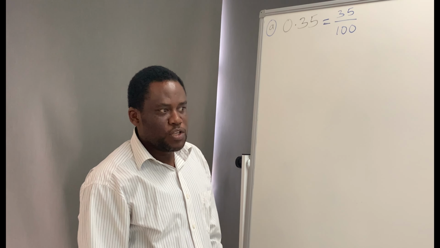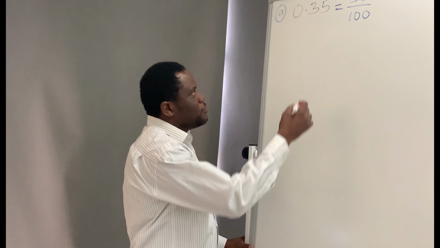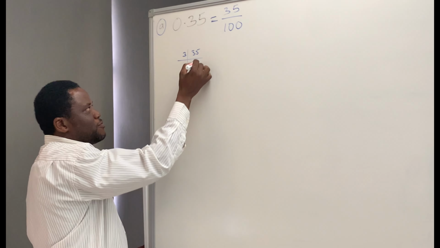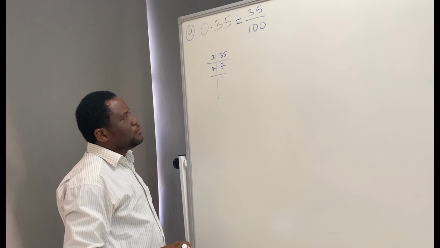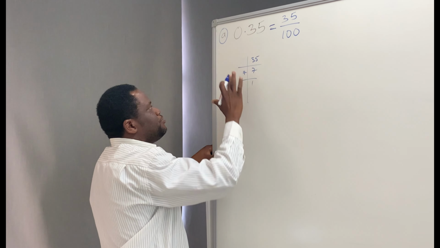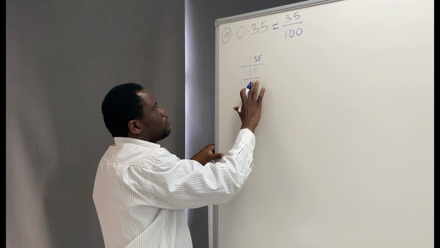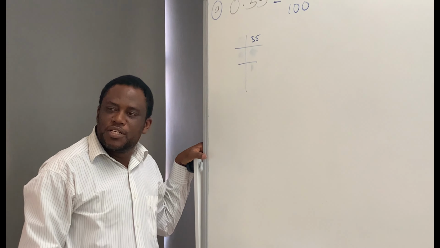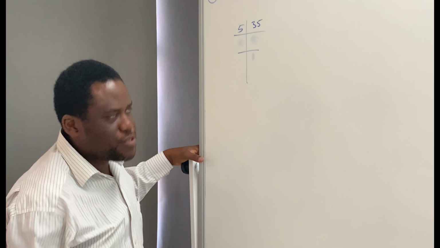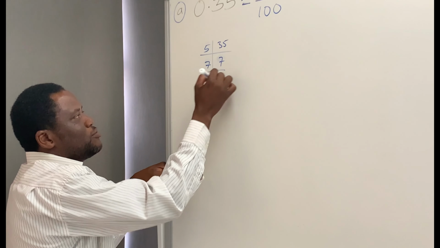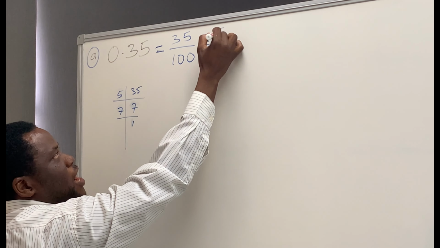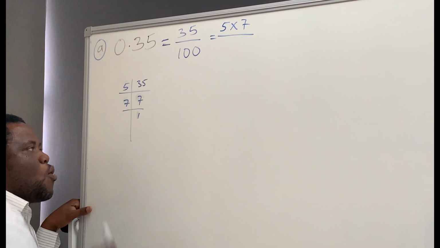What is reduction? So you can use our normal method. 5 can go in 35, 7 times. Can 3 go? No, 3 cannot go. Why? 3 plus 5 is 8, and 3 cannot go in 8. So what can go? 5 can go. 5 goes 7 times, 7, 1. So this can be read as 5 times 7. What of 100?